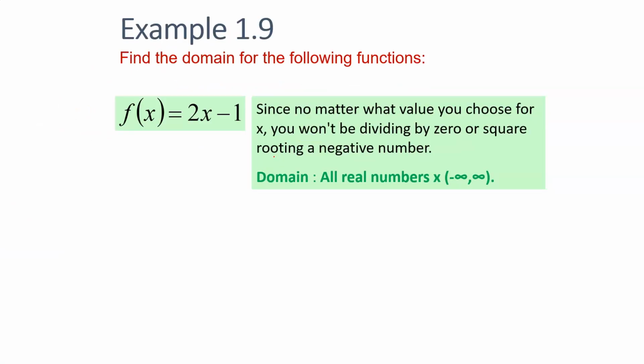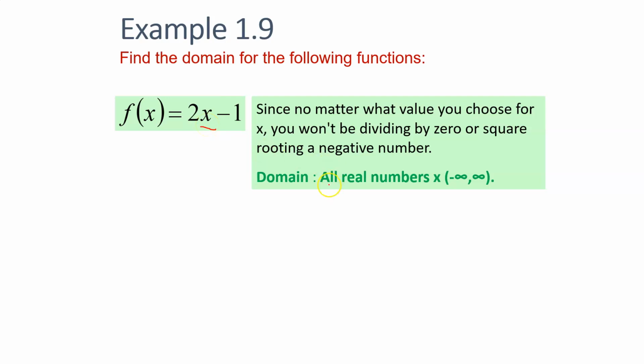Okay, for example, find the domain for the following function. So you have this function, 2x minus 1. Since no matter what value you choose for x, you won't be dividing by 0 or square rooting a negative number. So maksudnya kita tidak boleh divide dia dengan 0 ataupun square root dia dengan negative number. So the domain for this one, untuk x, you can substitute any value for x.